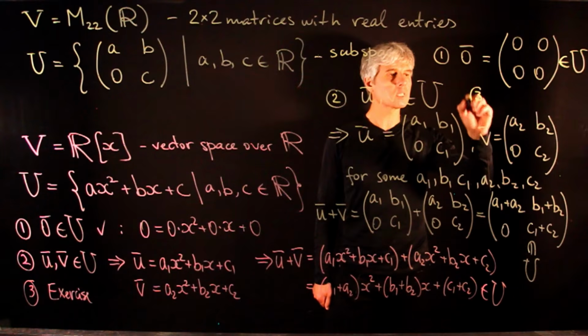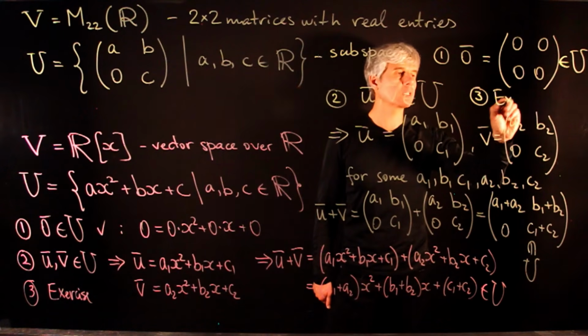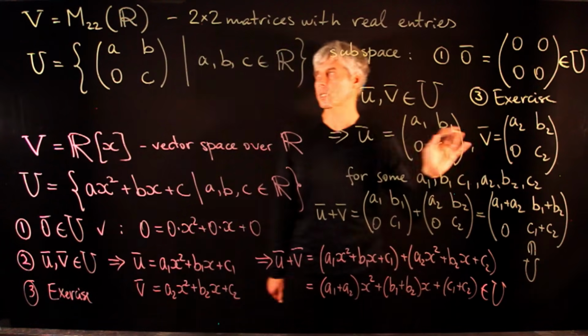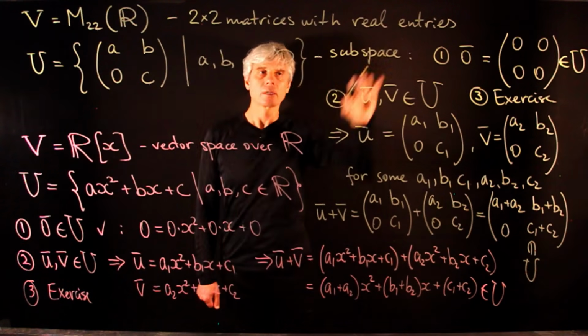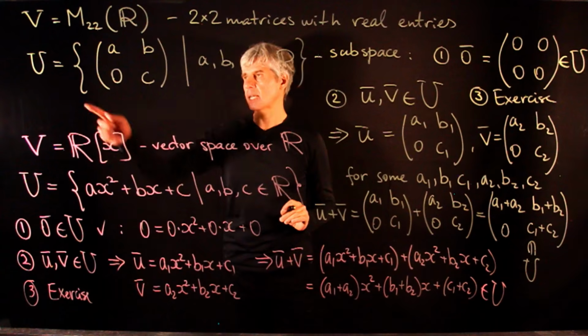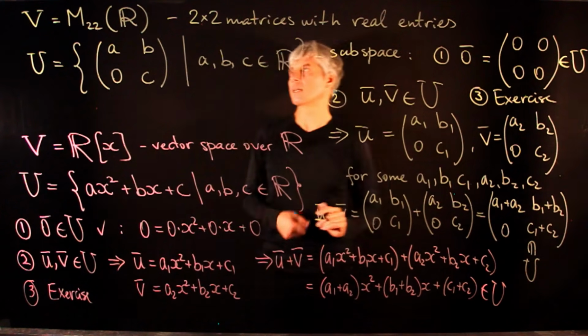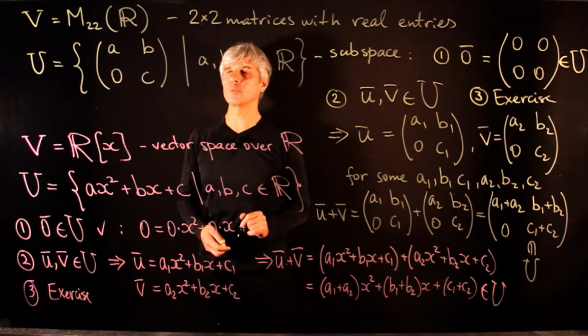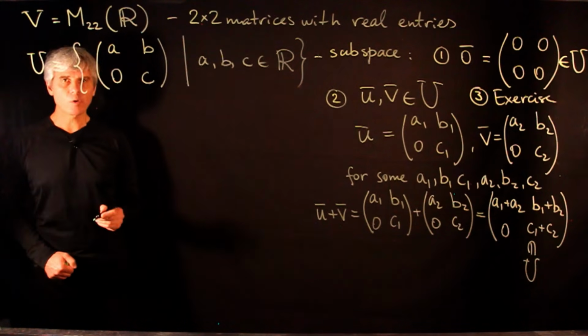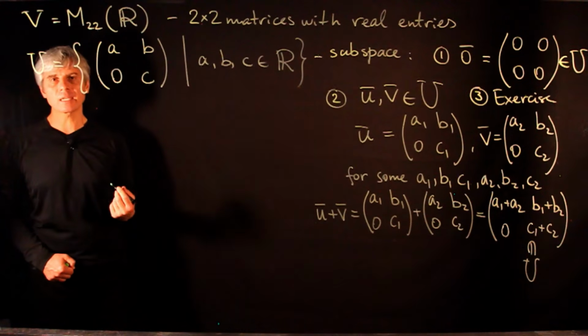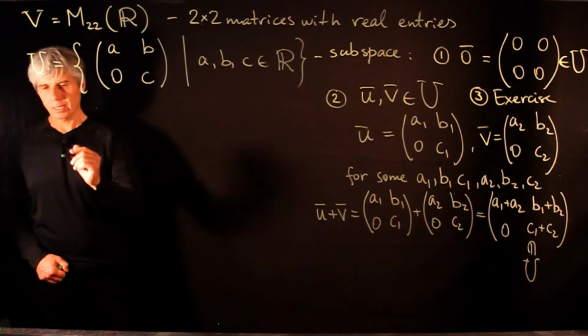And the third property of a subspace, again, I will leave it for you as an exercise. And we will conclude that this subset of upper triangular matrices is in fact a subspace in the vector space of all 2 by 2 matrices.